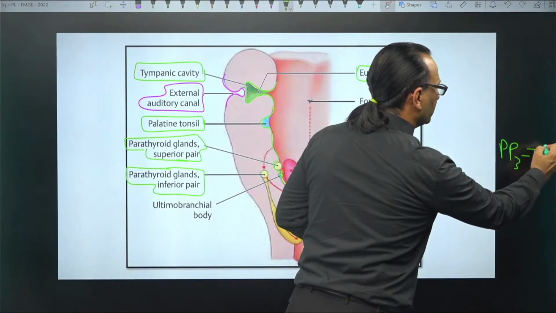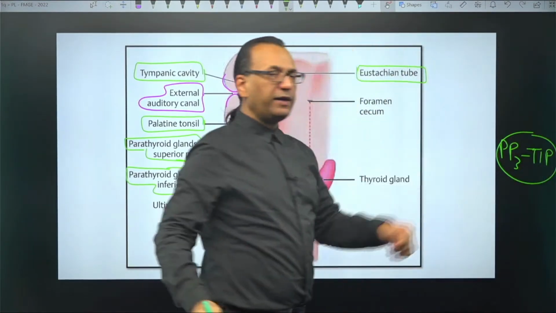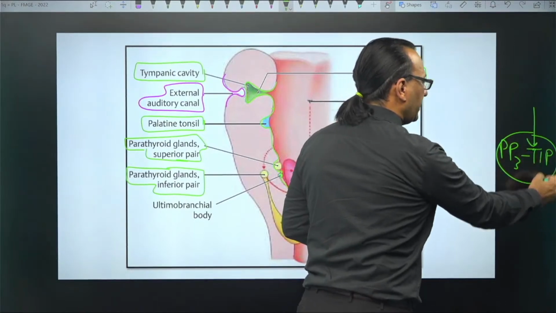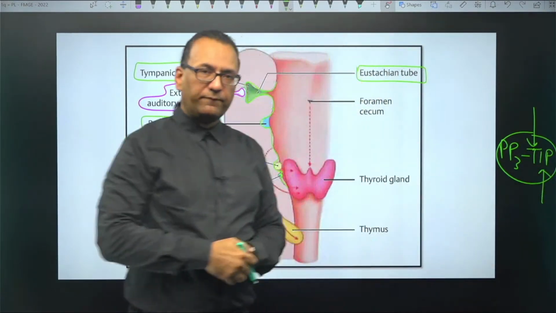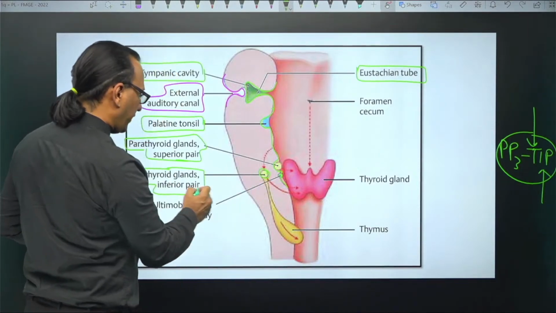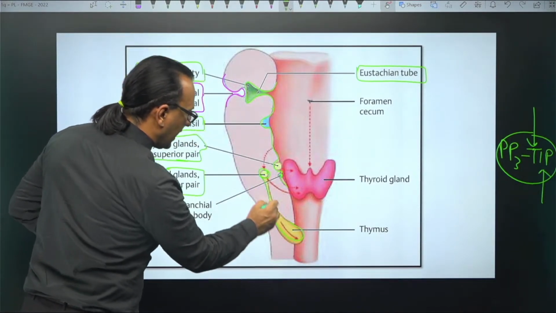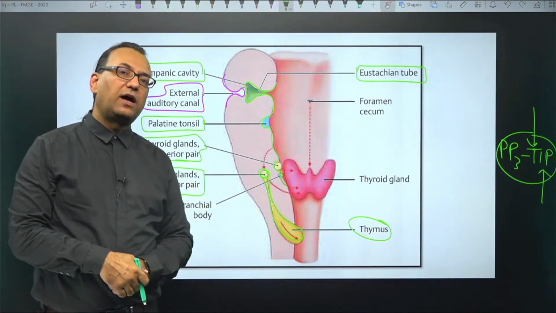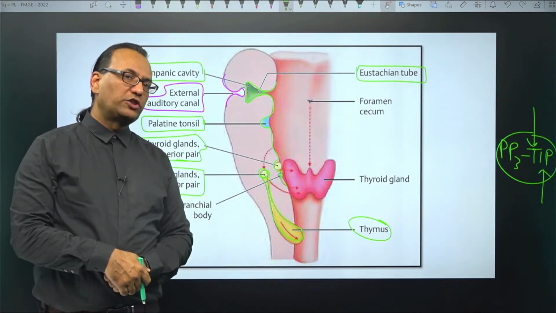And the mnemonic was suggesting that pharyngeal pouch 3, PP3, will be giving us the T, which is thymus, and IP, which is inferior parathyroid. So as you notice, this is inferior parathyroid and this is the thymus, and they are coming from pharyngeal pouch number 3. They might be missing in a syndrome called DiGeorge syndrome.